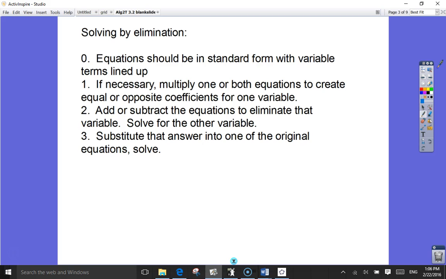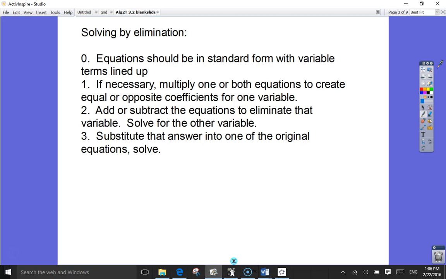But even the first step is sometimes not necessary, because the whole goal of elimination is that you're going to get to a step, which I've got as a second step, where you add or subtract the equations to eliminate a variable, right? But if that's not going to happen, based on what you're looking at, then you might have to multiply one or the other equations to make it so that when you add the equations or subtract the equations, you cancel a variable.